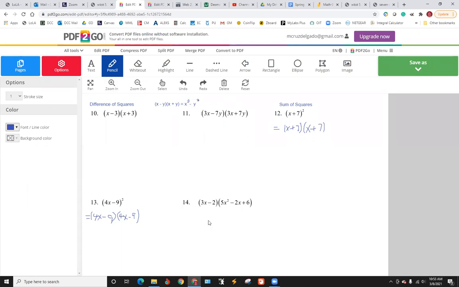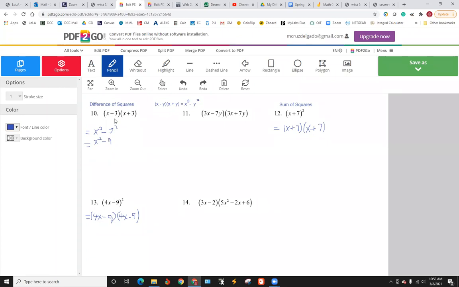So if you recognize that this is a difference of squares, like this one and that one, then you can simply say x squared minus 3 squared, and then simplify it, which is x squared minus 9.